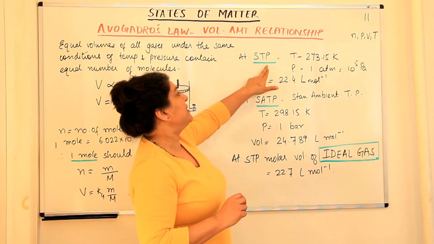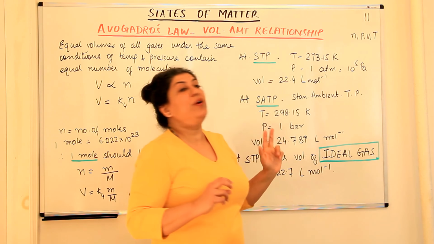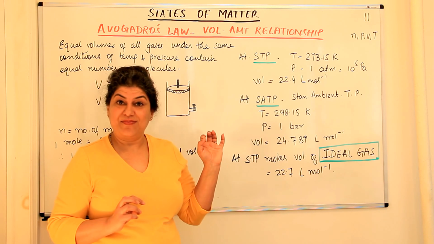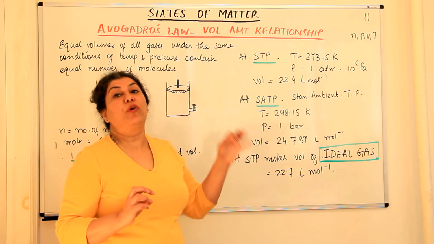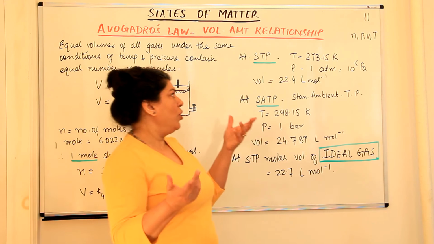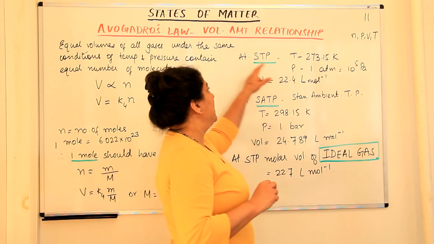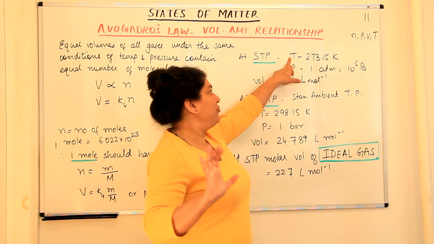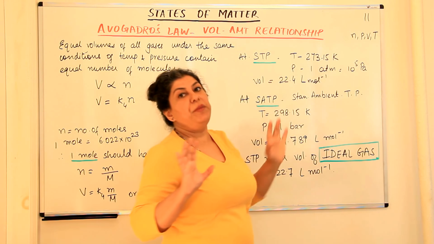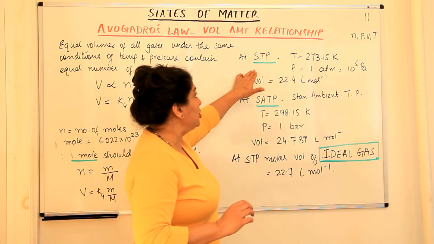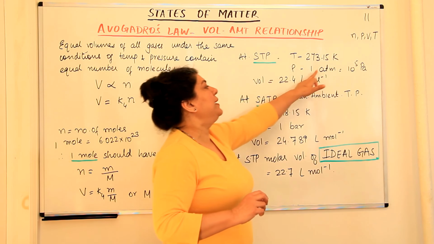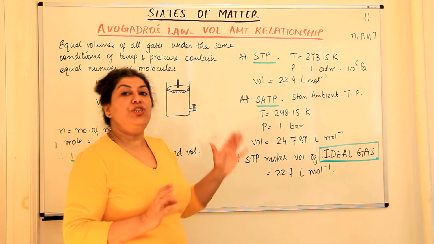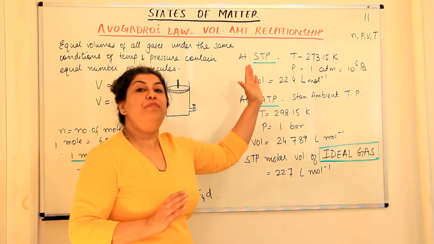The temperature at STP is 273.15 Kelvin, which is 0 degrees Celsius, the freezing point of water, or the melting point of ice. And the pressure at STP is 1 atmosphere. 1 atmospheric pressure is equal to 10^5 pascals.